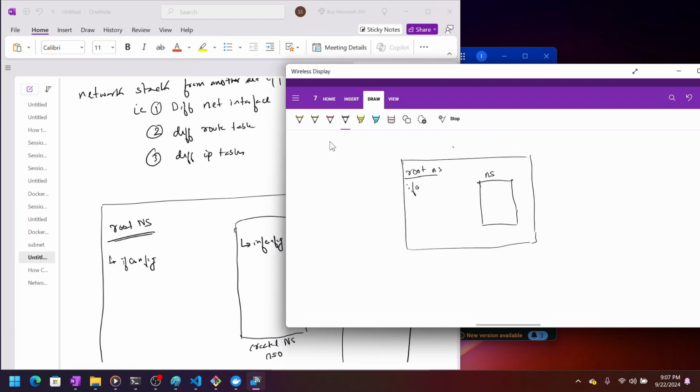If you run ifconfig in the root namespace, you will see eth0, the loopback interface, etc. And if you run ifconfig in the new namespace, you will get only a loopback and nothing else, because there's no network interface inside it. So this is the difference.